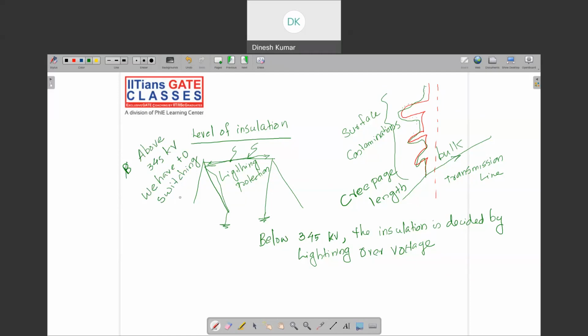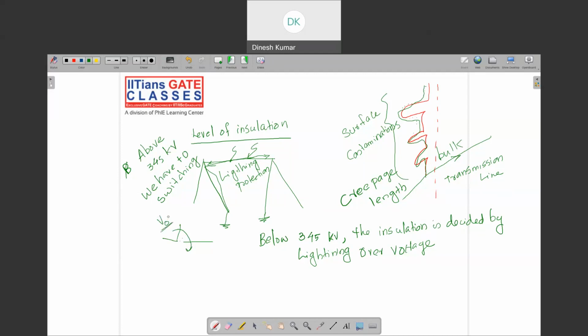What is switching impulse voltage? If you connect a switch, or disconnect a switch, there will be an arc between the two terminals. This can cause a switching impulse voltage, as can the discharge of a capacitor. The switching impulse voltage depends upon the voltage of that particular system.